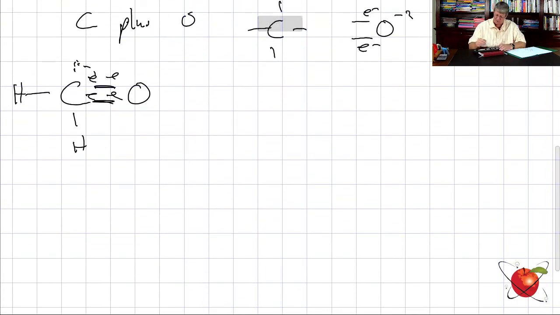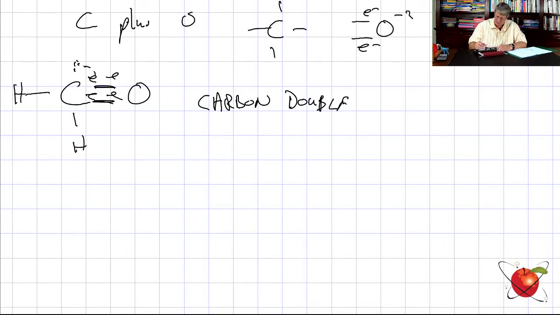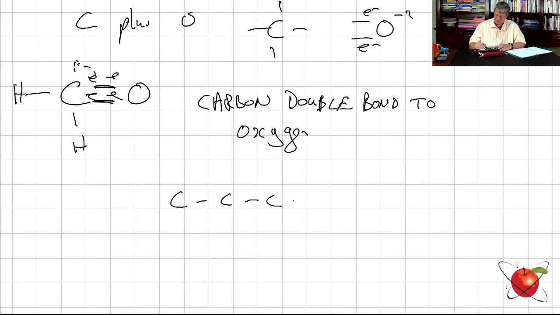So the next groups we're looking at are carbon double bond to oxygen. Why? Because it's -2. Now, you can have this, double bond oxygen there, and we fill that in normally like that.